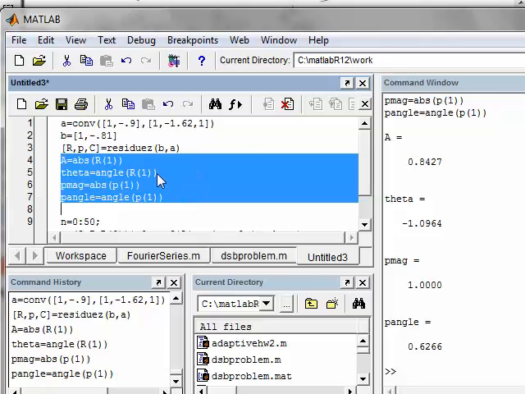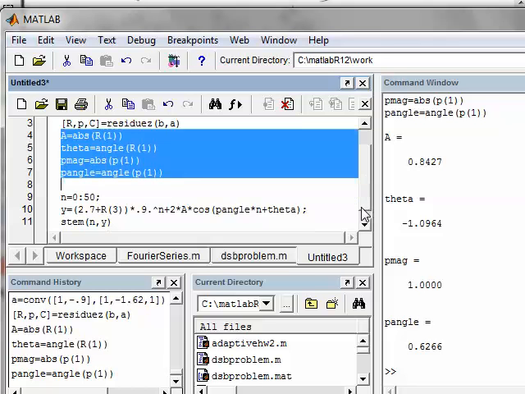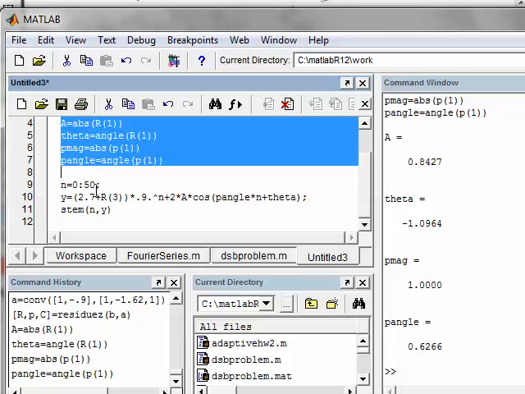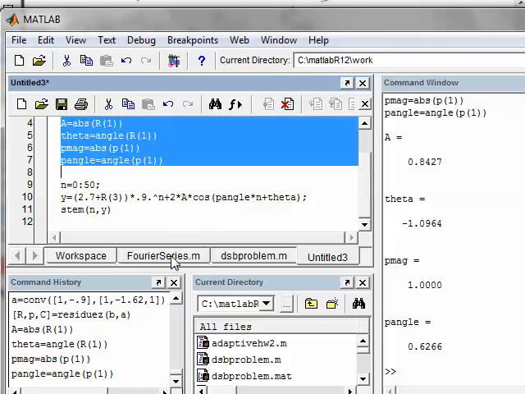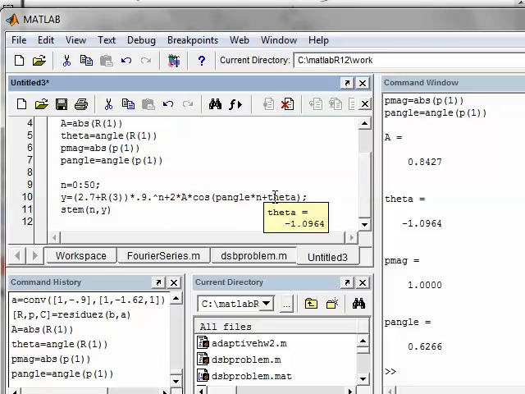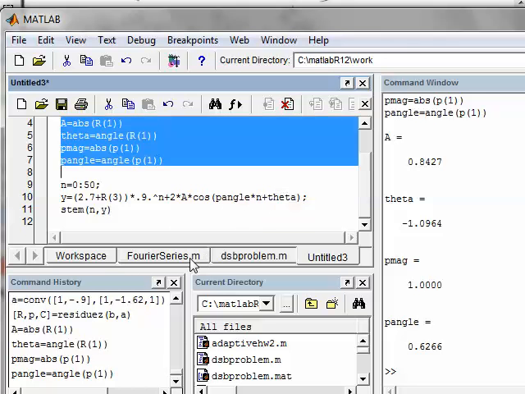All right. Well, let me bring in the MATLAB command. So I've already typed this in. You see, n is 0 to 50. Everything's the same as we just talked about. I've got p angle. Now I'm just using the results here, I'm not typing them in. See, p angle is 0.6266, and theta is minus 1.09.